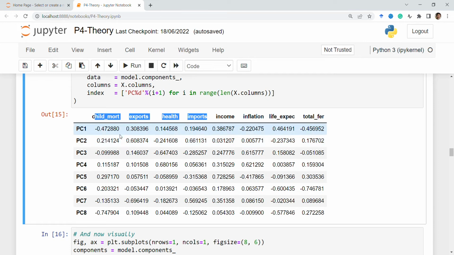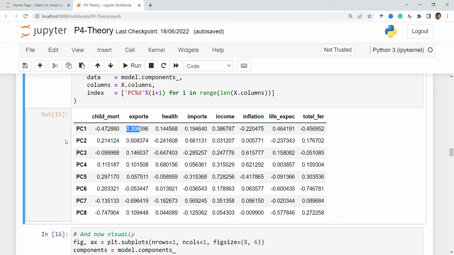So here what we have are the transformation coefficients. So the principal component 1 is minus 0.47 times child mortality plus, remember that these ones have been normalized before getting into the equation. So this is the normalized child mortality, this is the normalized exports, and so on. And then we have 0.3 times exports plus 0.14 times the health, and so on.